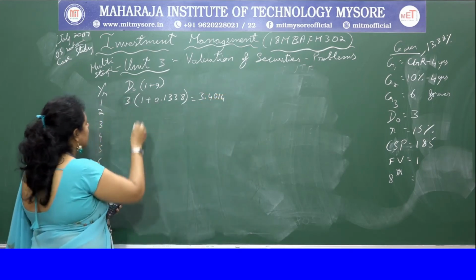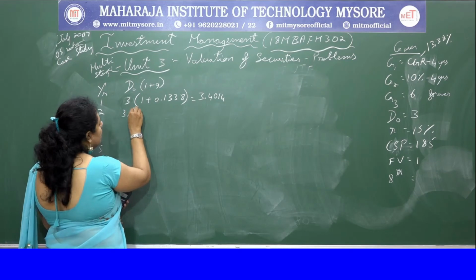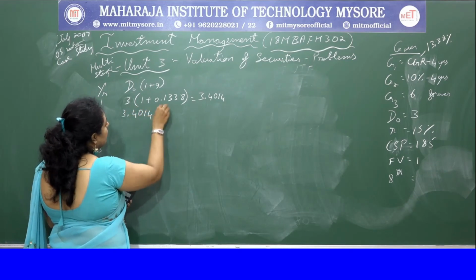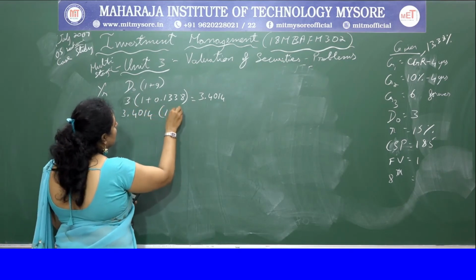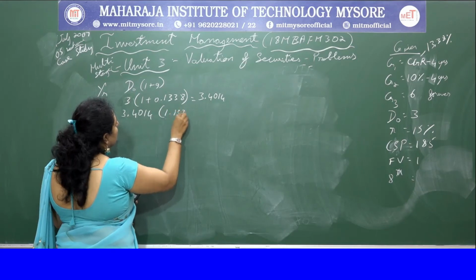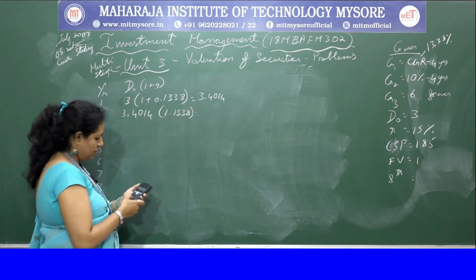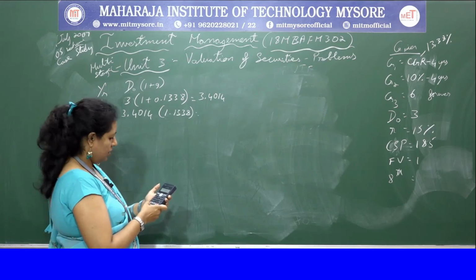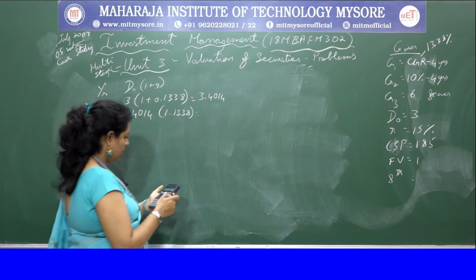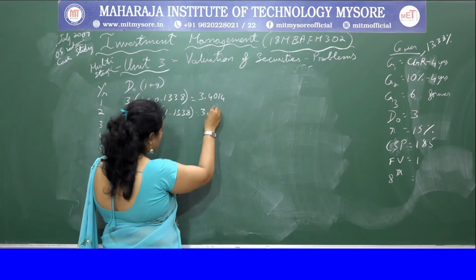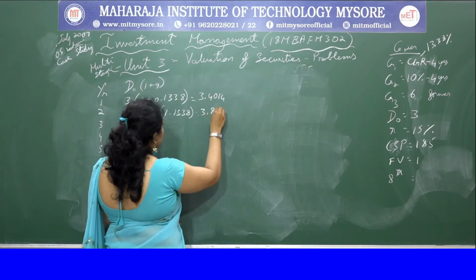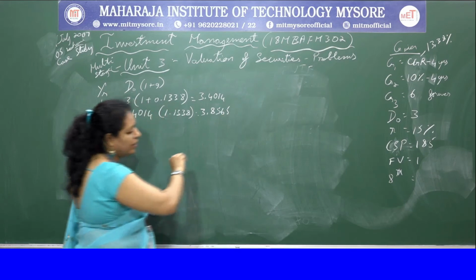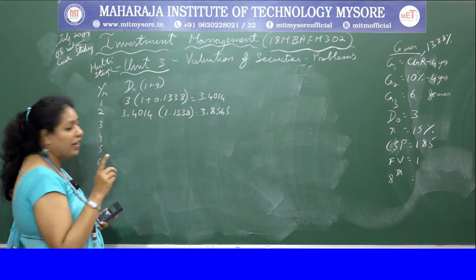Like this, that will become the next for the second year. 3.4014 into 1.1338, so 3.8565. Okay, 3.8565.